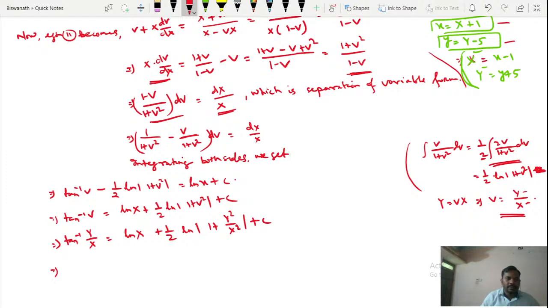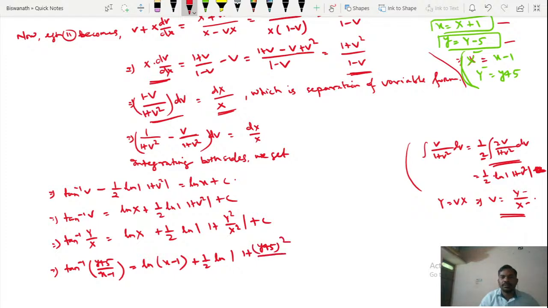So this is tan inverse of capital Y by capital X, that is y plus 5 divided by x minus 1. Similarly ln X, X is small x minus 1, plus half times ln 1 plus y square by x square, where Y is small y plus 5 square divided by x minus 1 square, plus c.